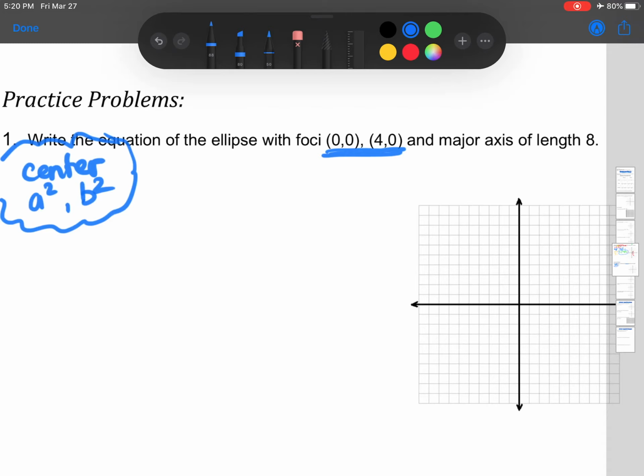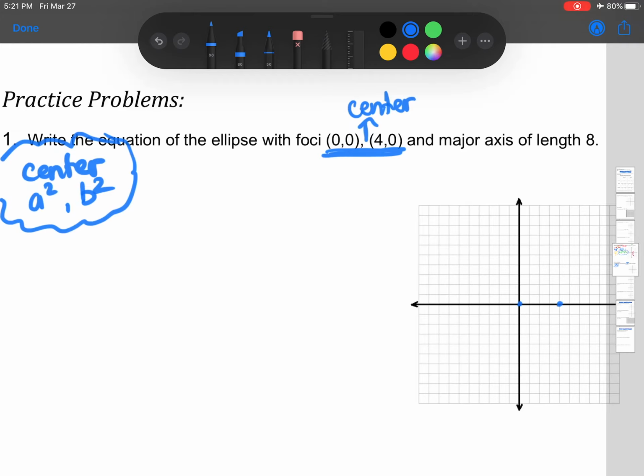So I don't know my center, but what do I know? My foci are equidistant from the center. So wouldn't my center go right in between? Right? So let's do this. (0, 0) is one foci, and the other one is (4, 0). 1, 2, 3, 4.